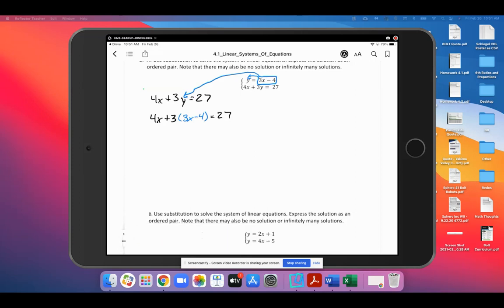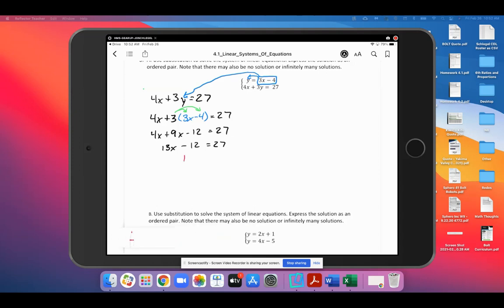And so we're going to go ahead and solve this darn thing just as we would any other equation now, folks. We'll do the distributive property here. And we will get 4x plus 9x minus 12 equals 27. And on the left, we'll combine like terms. I see that I can combine the 4x and the 9x to get 13x minus 12 equals 27.